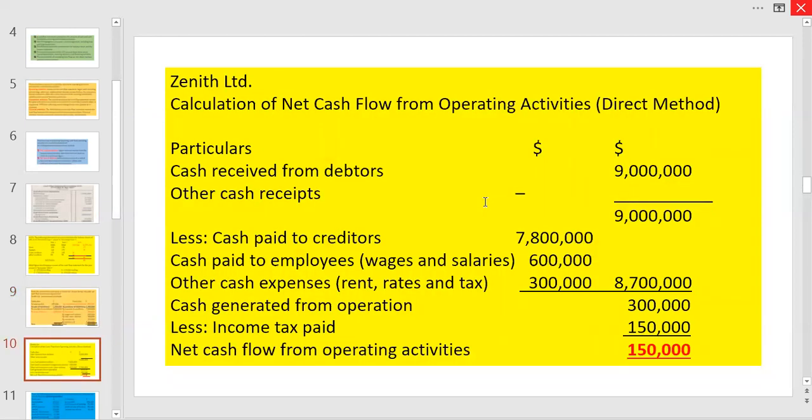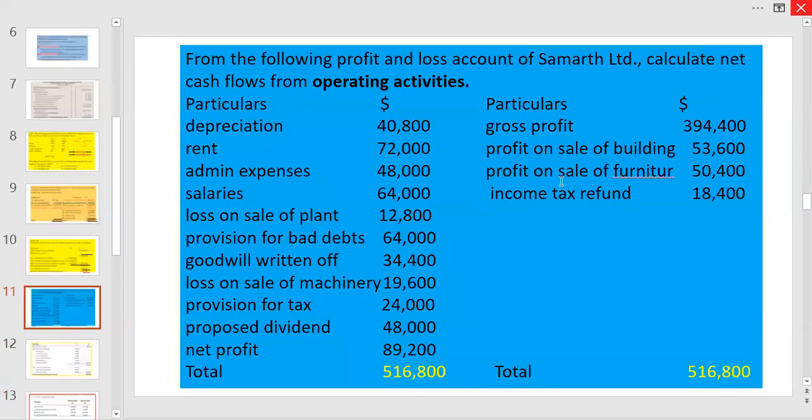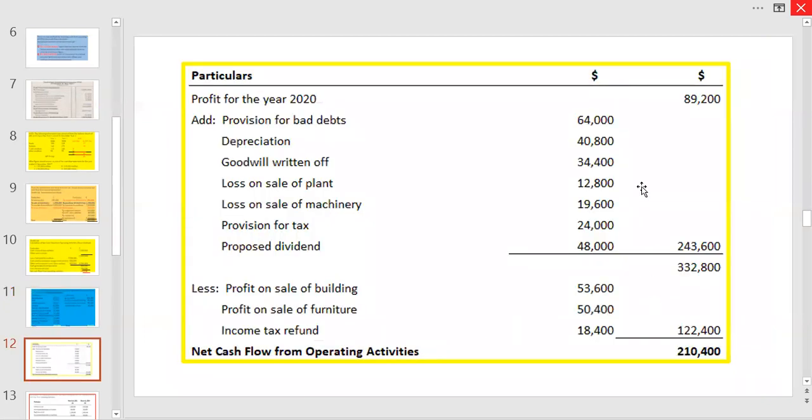Next question. From the following profit and loss account of S Limited, calculate the net cash flow from operating activities. A normal profit and loss account includes cash transactions as well as non-cash transactions, which need to be adjusted.